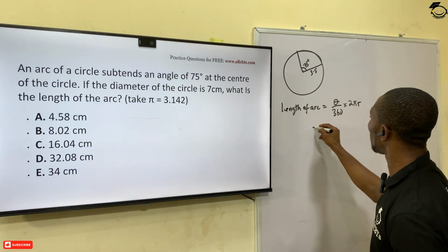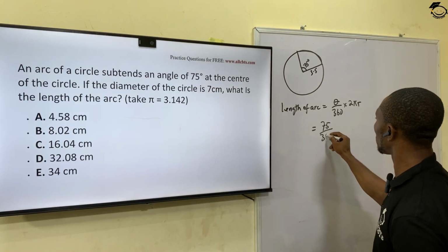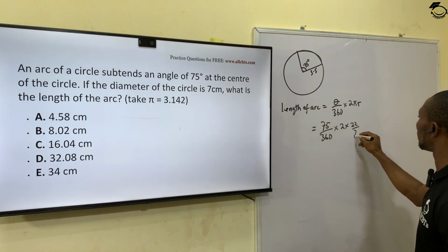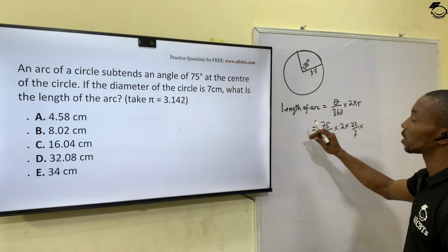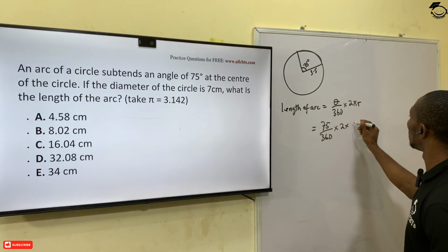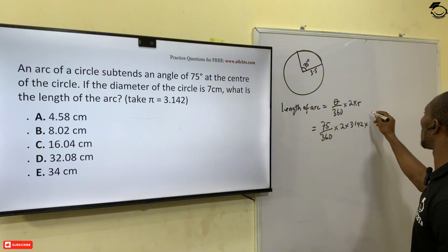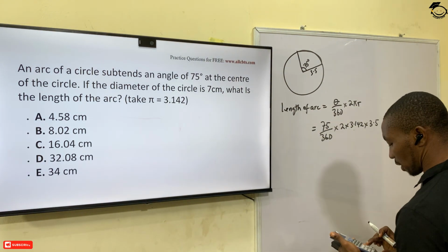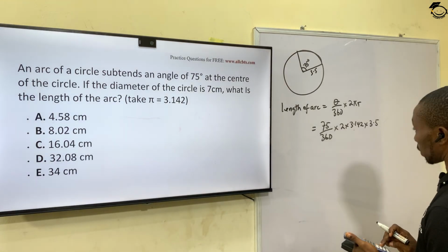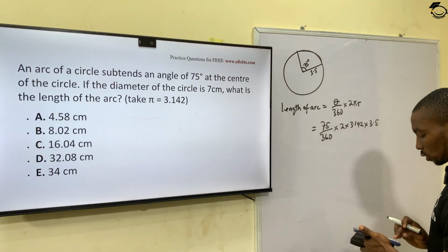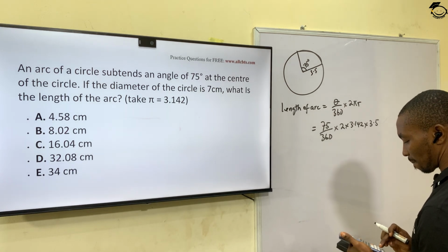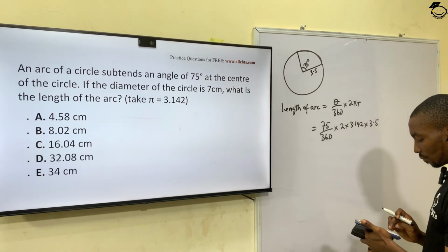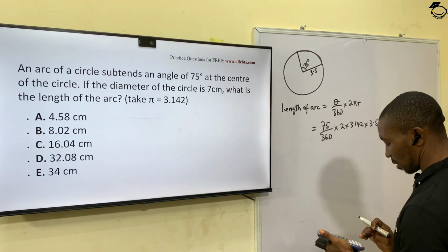Where our theta here is 75, so 75 over 360 times 2 times 3.142 times 3.5. So having that, we have this as 75 times 2 times 3.142 times 3.5 divided by 360.